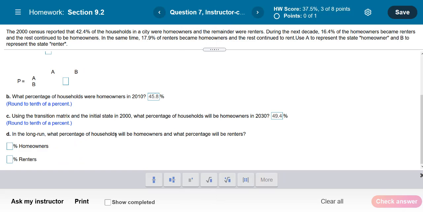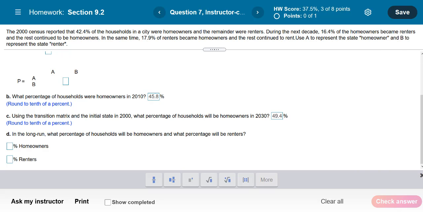Now the new question here is the deep question. In the long run, well, after what we've been doing, let's say that the long run consists of 50 censuses. Now that'll be 500 years. So I think that's a fairly long run.